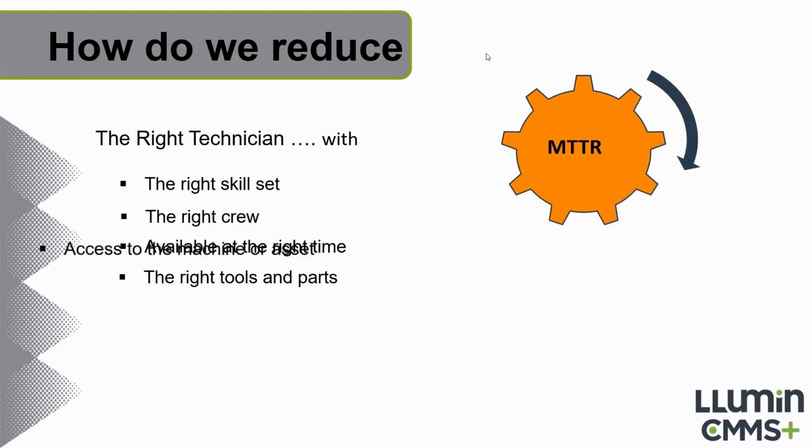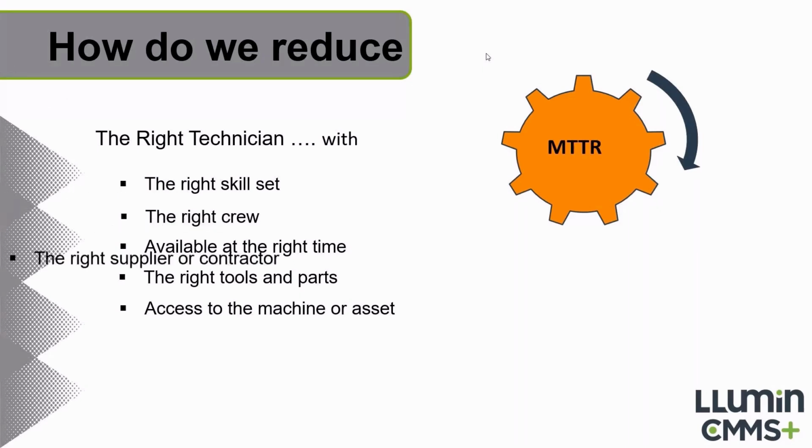And is the machine available, not only, as I mentioned, have the people been notified, if let's say it's a PM, and are the operations folks aware that there's a PM, but also are there third-party suppliers or contractors that need to be involved in order to actually complete the work or have access to the asset or the machine.